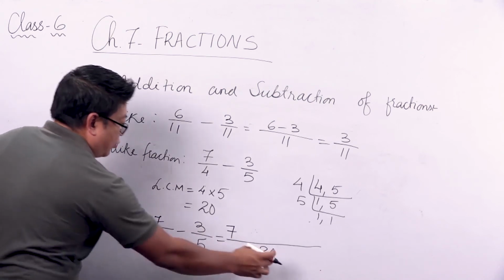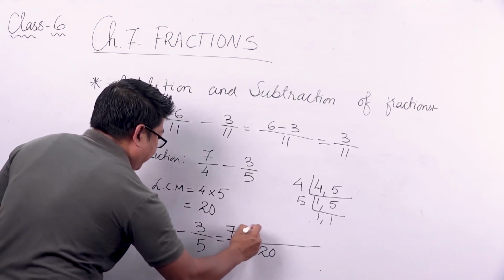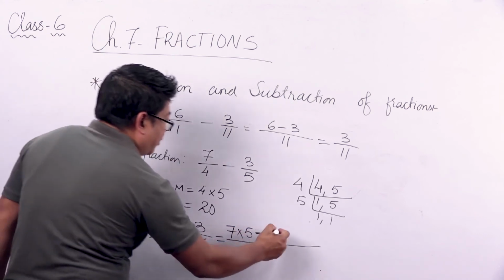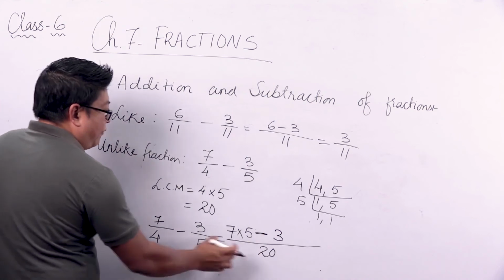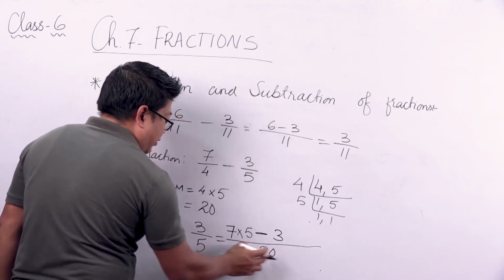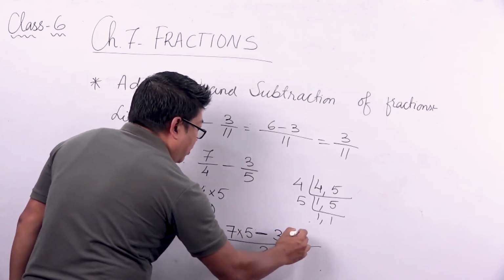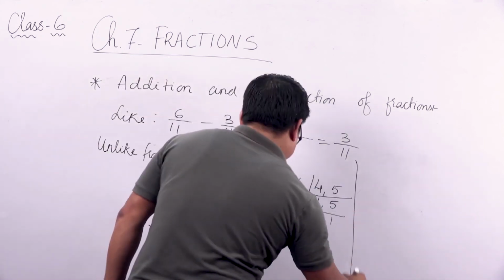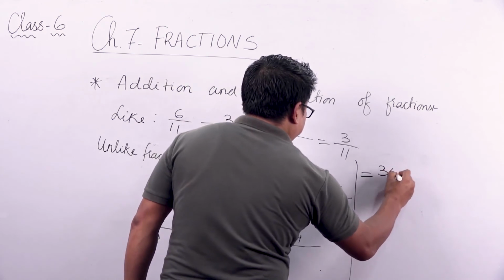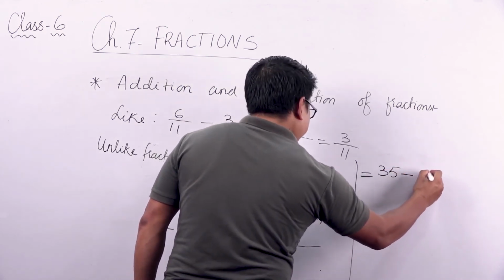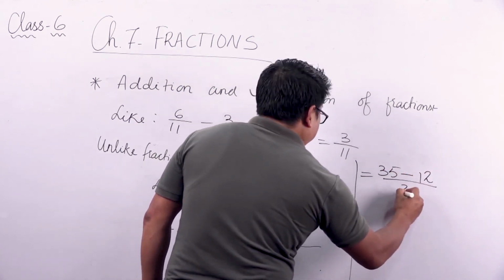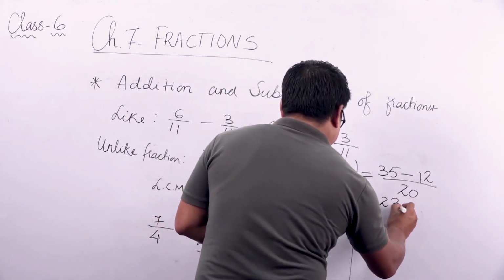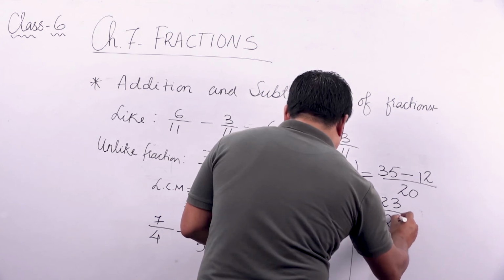So 4 into 5 is 20, minus 3 by 5. So 3 I will put here. 5 I want to change to 20, so 5 into 4 is 20. Similarly, I get 7 into 5 is 35 minus 3 into 4 is 12 by 20. I get 23 by 20.